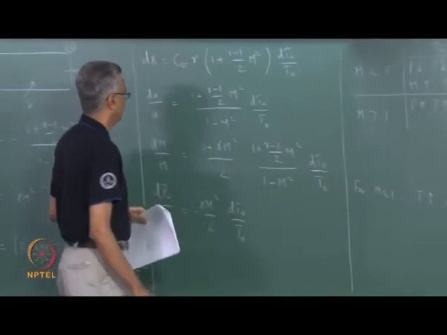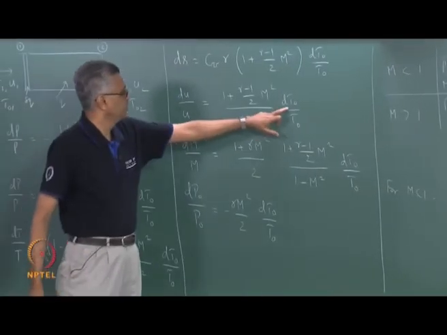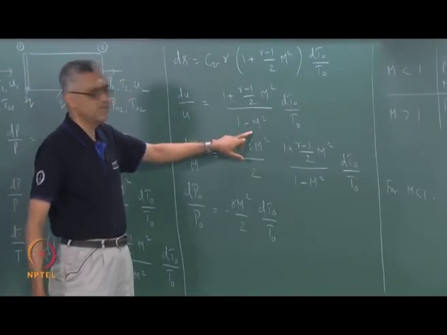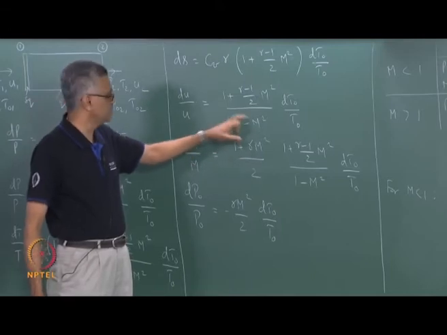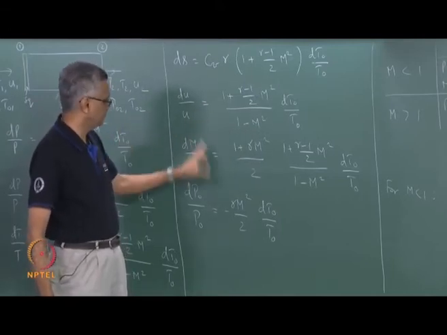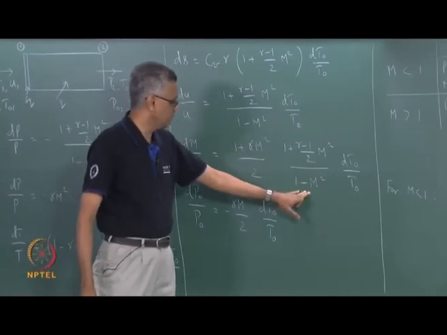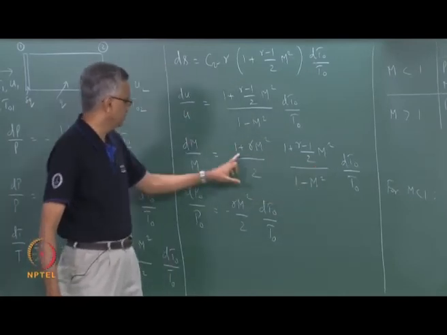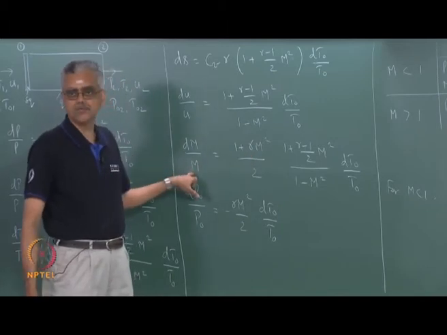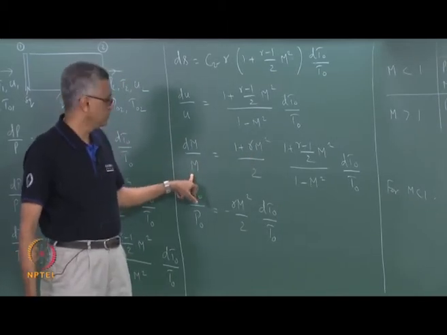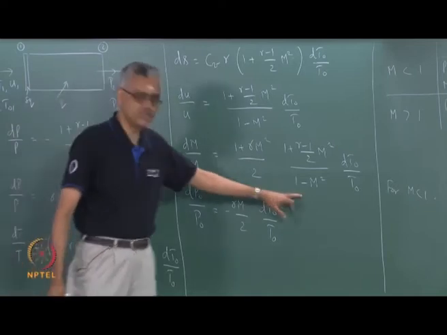S increases, and Mach number, if I see this is positive, M is greater than 1, so that means this is negative, I am sorry, I should be looking at this is positive, M is greater than 1, so this is negative, this term is positive, so we end up with dM decreases because this term is negative, right.